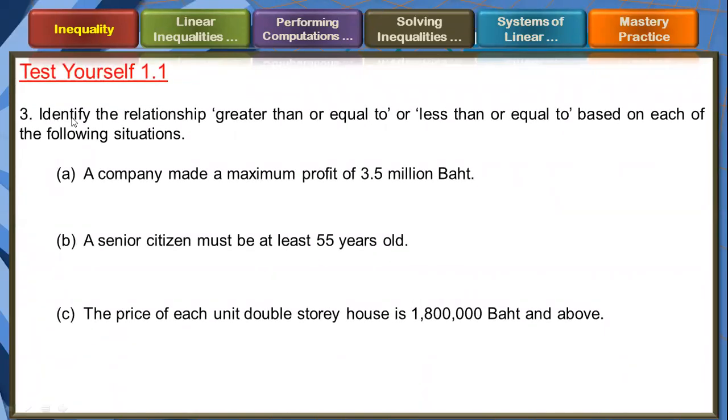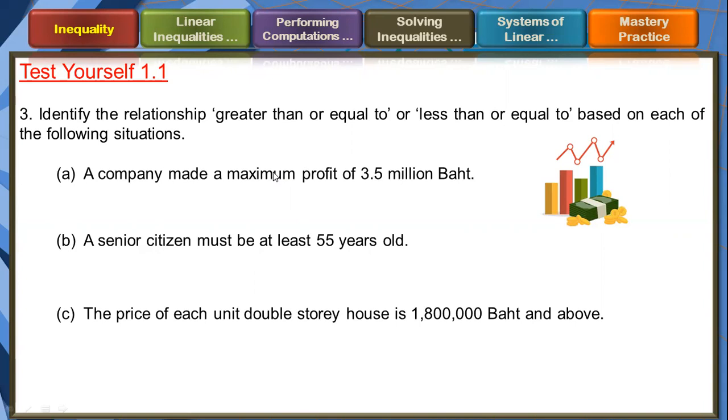Number 3, identify the relationship greater than or equal to or less than or equal to based on each of the following situations. A, a company made a maximum profit of 3.5 million baht. So the amount of money earned by that company at maximum is 3.5 million baht.